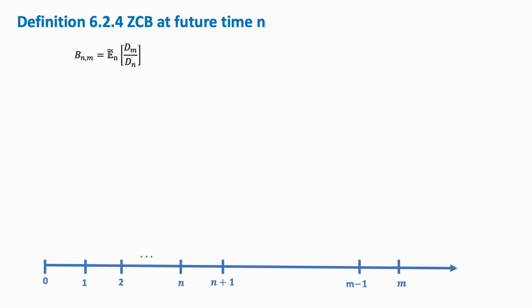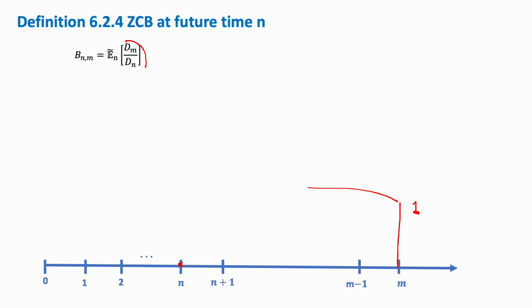To give an idea about this, let's say on our time frame we have m. So this is a zero coupon bond, and we know it's going to pay $1 at the end here. And we want to find the value of the zero coupon bond as of this time n here.